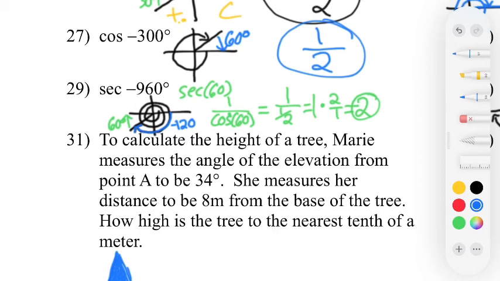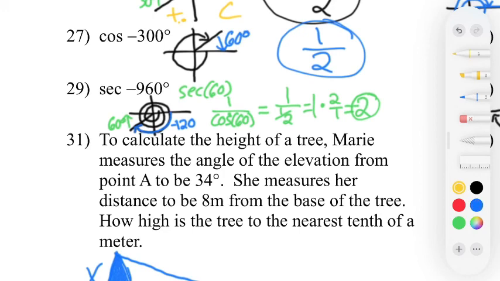And our point on the ground is over here at point A. Our angle of elevation to the top of the tree is 34 degrees. And the measurement from point A to the bottom of the tree is 8 meters. So the question is, how tall is the tree?